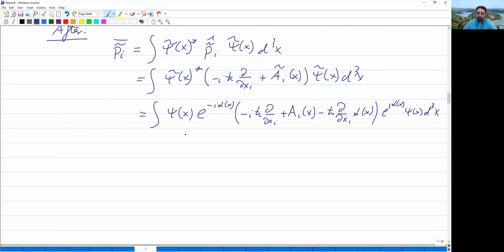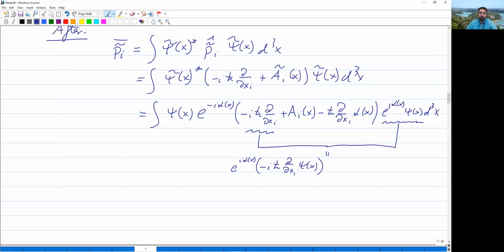Plenty of terms here. Now, let's see. This derivative here is going to act on this product of two functions there. And what are these two terms giving us? Well, this is going to be minus i h bar. Let's put it here. It's e to the i alpha of x times minus i h bar d by dxi psi of x.